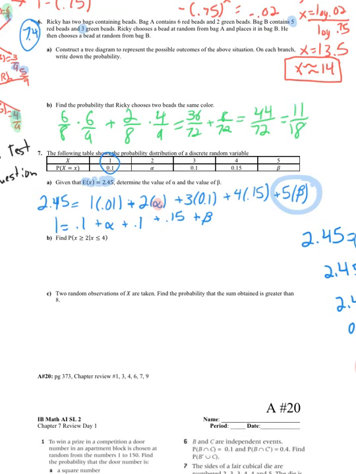And the other thing about the IB test is even if you don't get part A, you can still get part B, where it says find the probability that x is greater than or equal to 2, given that it's less than or equal to 4. You just do it in terms of alphas and betas. You want to be able to solve everything. Given that it's less than or equal to 4, we're going to take this part out of the equation completely, which is the 0.05. So the probability would be 0.95 on the bottom. And the top, greater than or equal to 2, is 0.6 plus 0.1 plus 0.15.